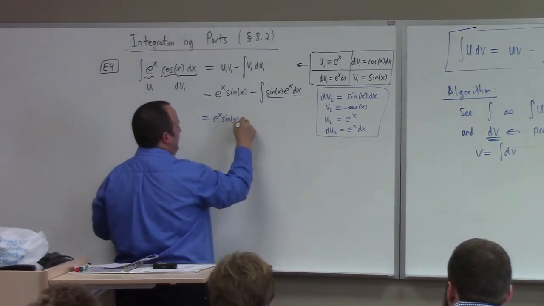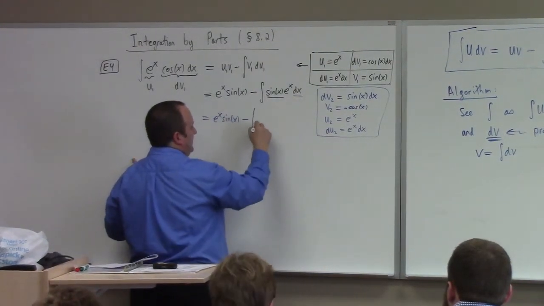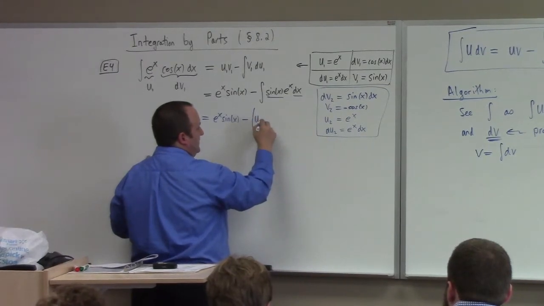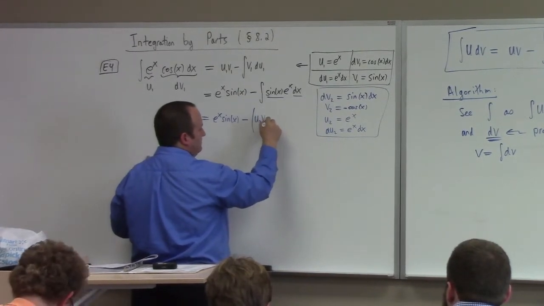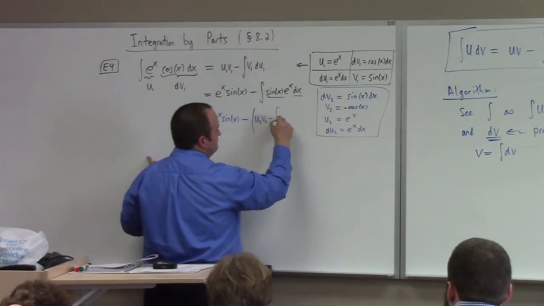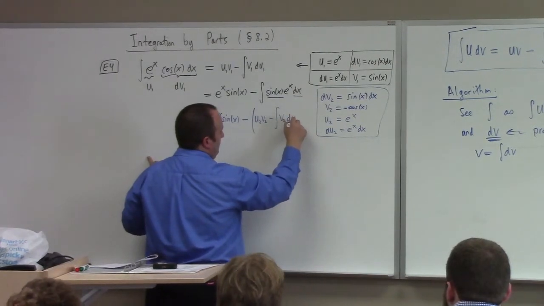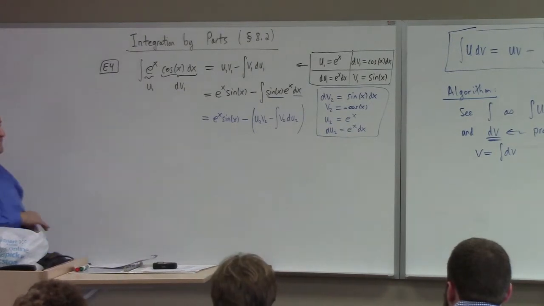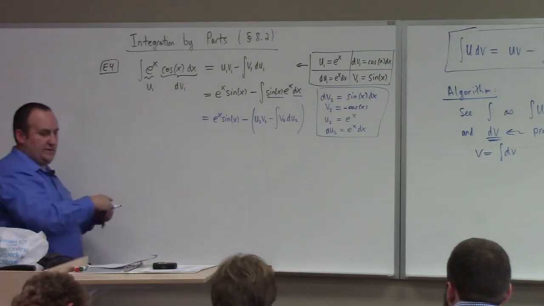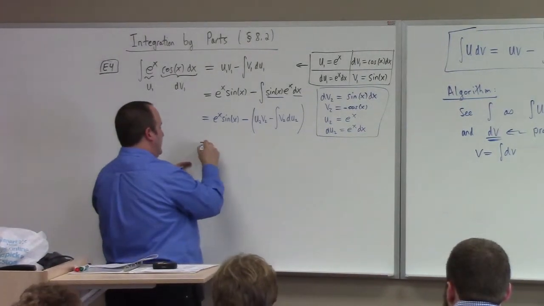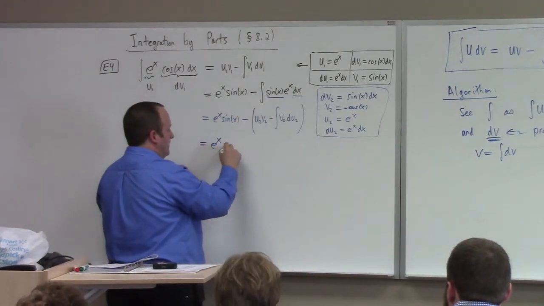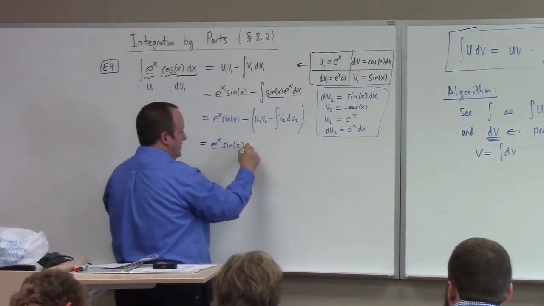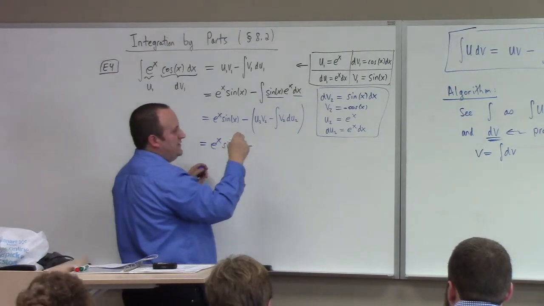Now here's where you've got to be careful. This minus distributes to everything in the template for the second integration by parts. Right? Now let's put it in. What we got? We got e to the x sine of x, minus, what's u2? u2 was e to the x.